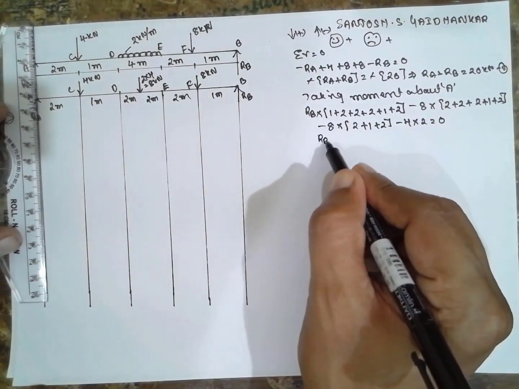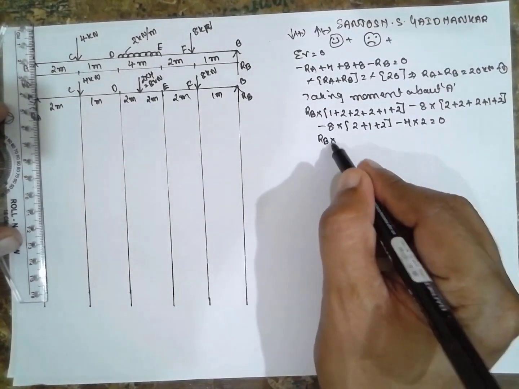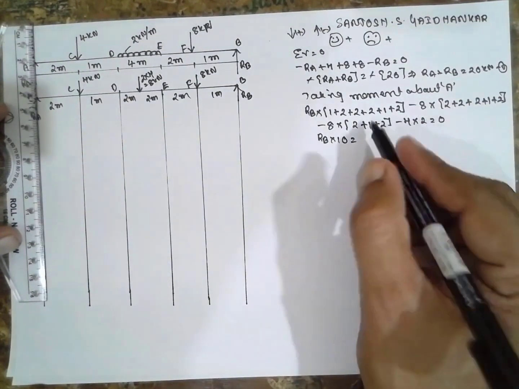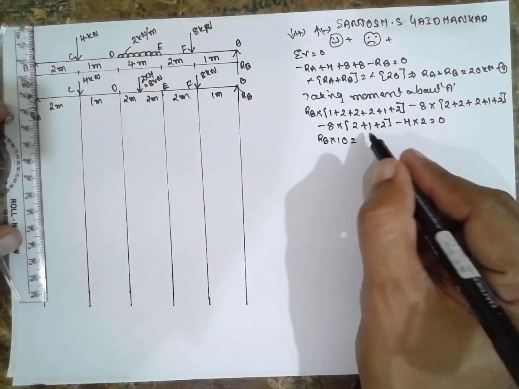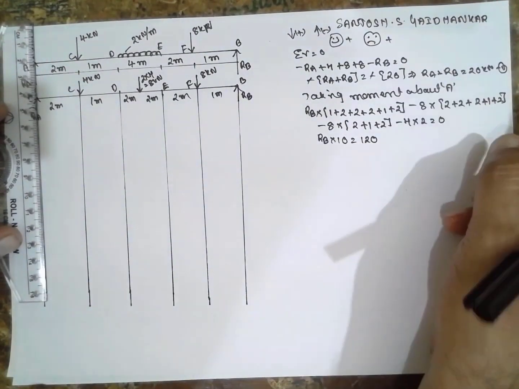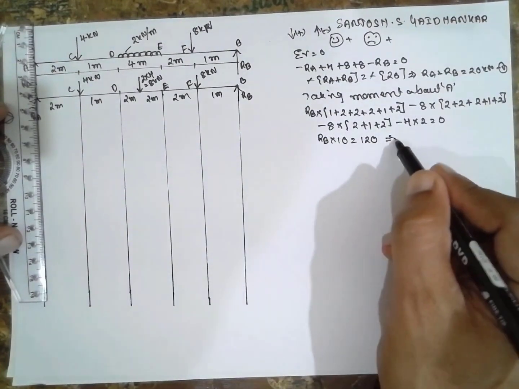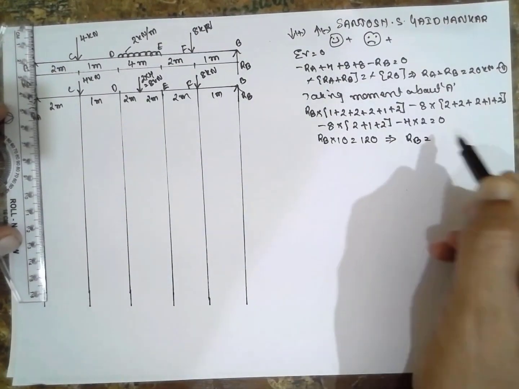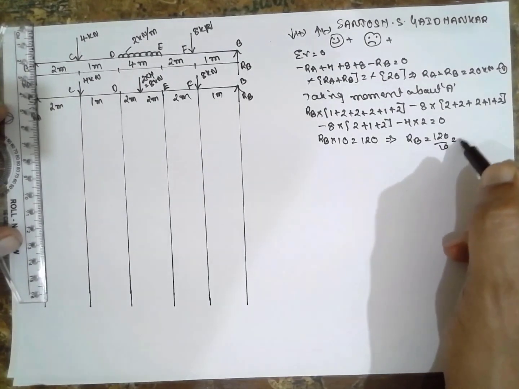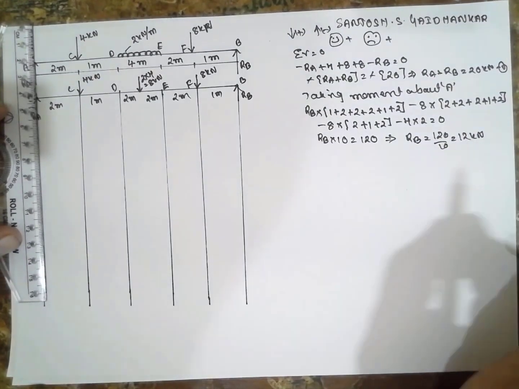Therefore RB into 10, and this term has to be brought this side, it becomes 120. Therefore RB will be 120 divided by 10, 12 kilonewton.